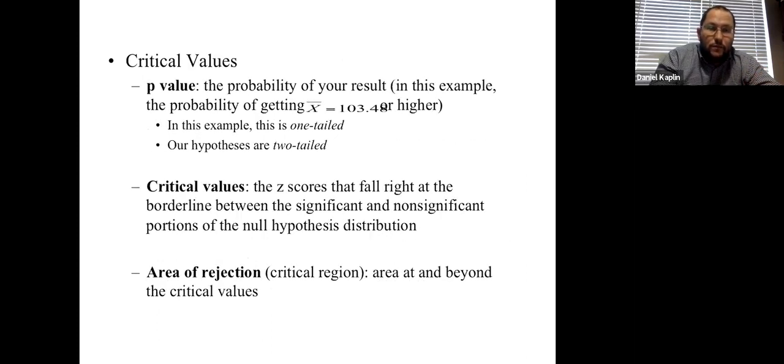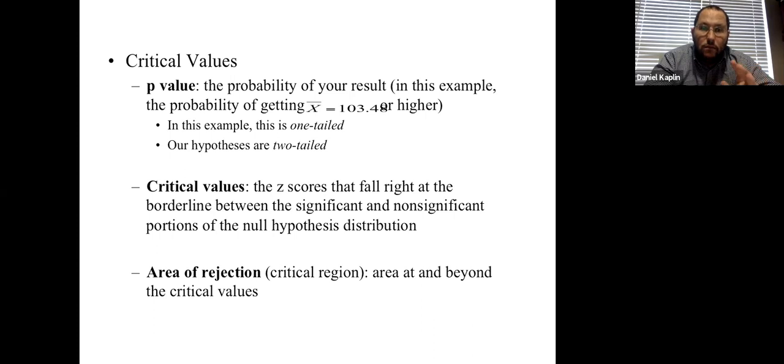Now, when we analyze the results, we are going to analyze the results against probability. So we are always going to compare against a critical value and see if our results are higher than that critical value, right?